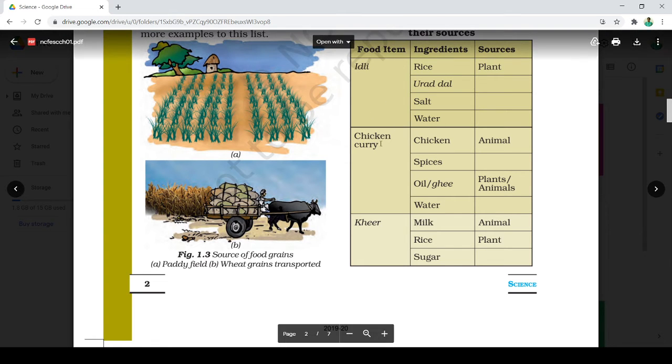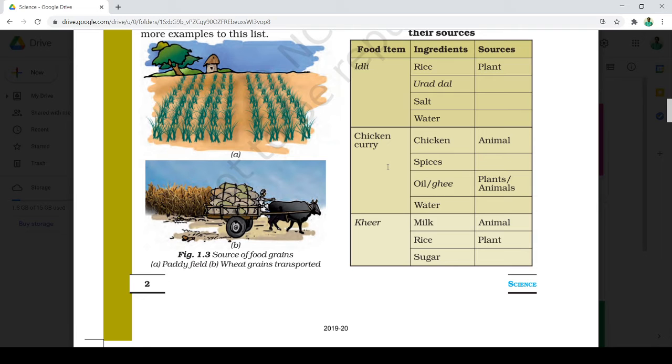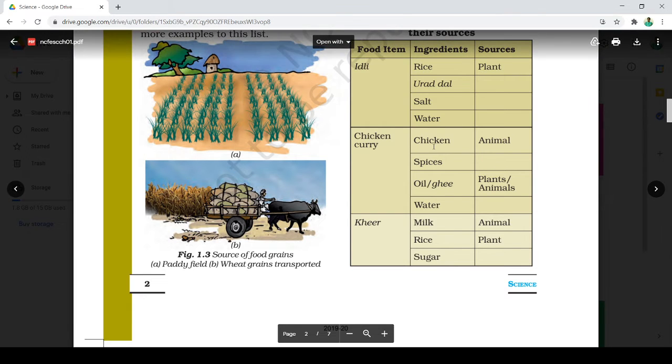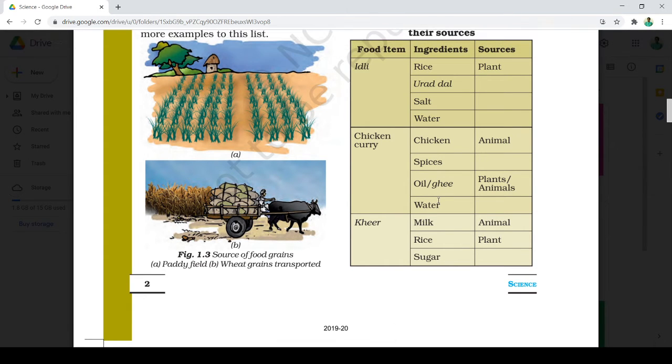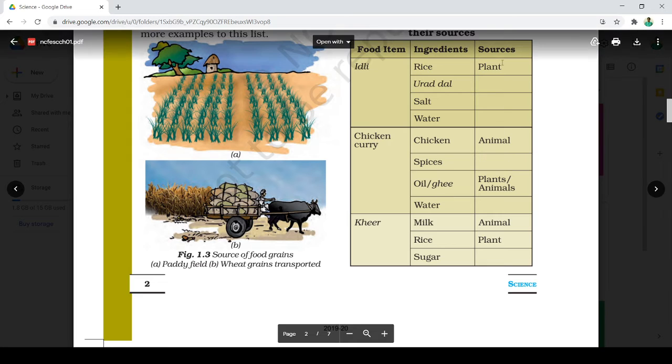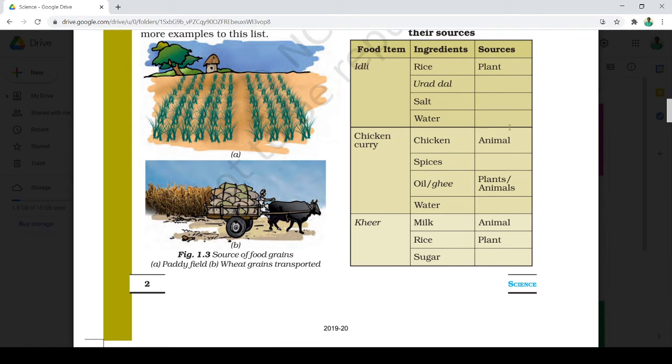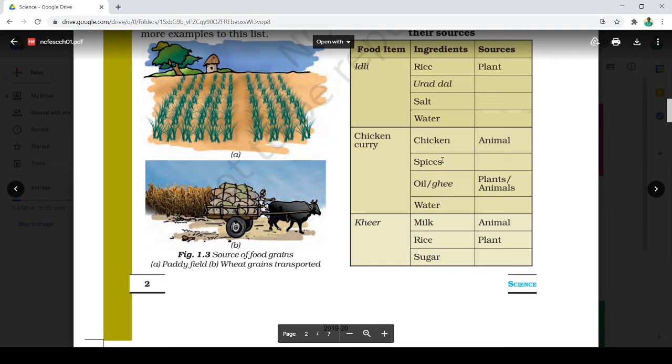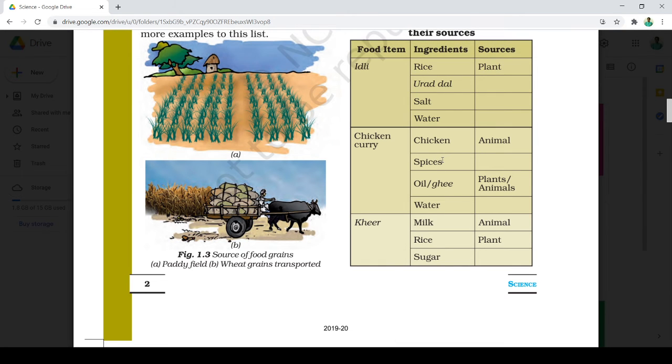Okay. Now, the second food item is chicken curry. Ingredients: chicken, spices, oil, ghee, water. Sources. Chicken comes from an animal which is hen. Spices come from plants.